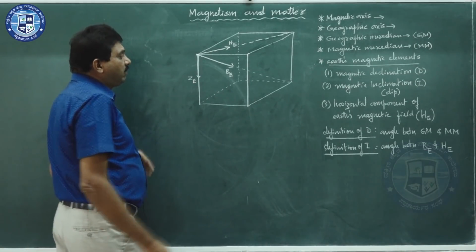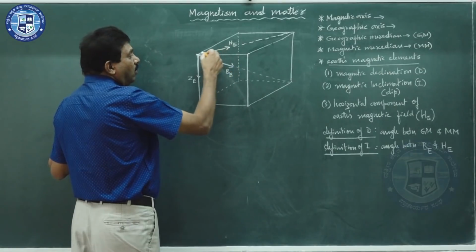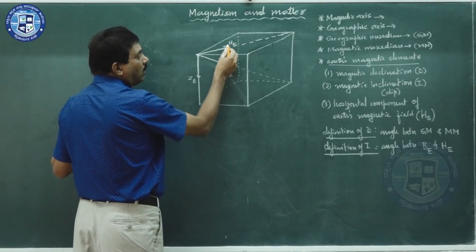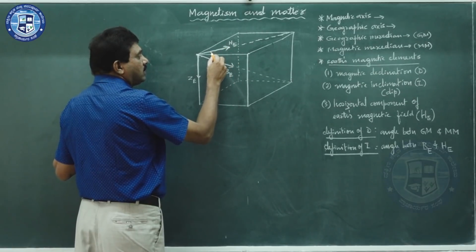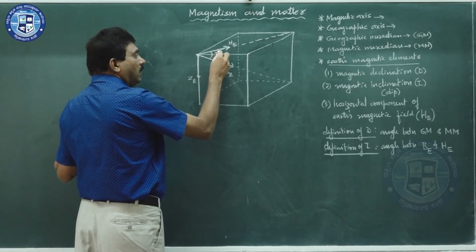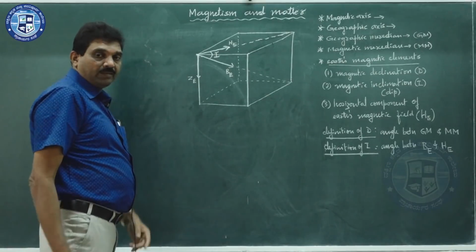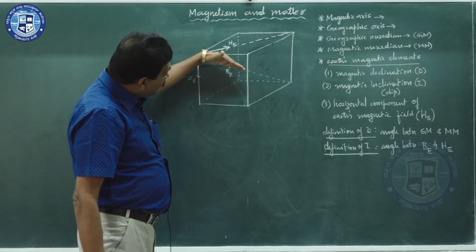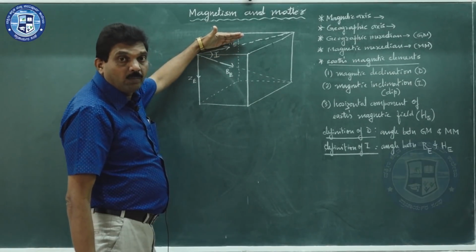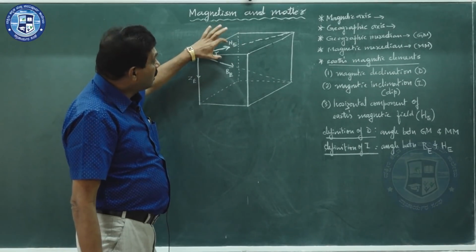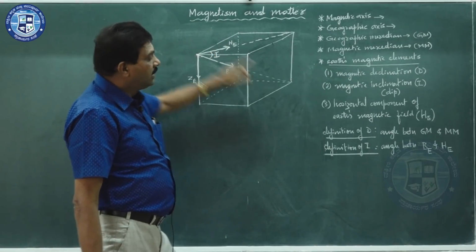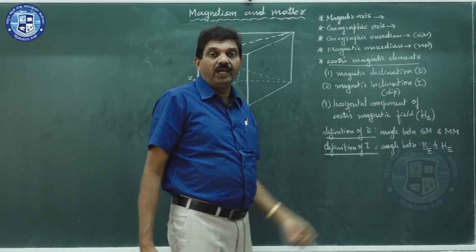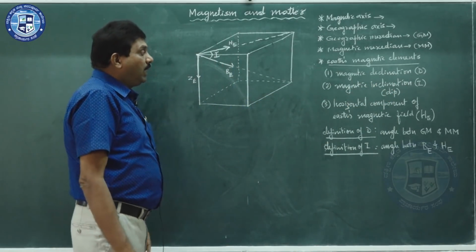What is the angle between the total magnetic field of the earth and the horizontal component of the Earth's magnetic field? This angle is the angle of inclination, that is I. It is taken as magnetic inclination, denoted by I. And where is declination?